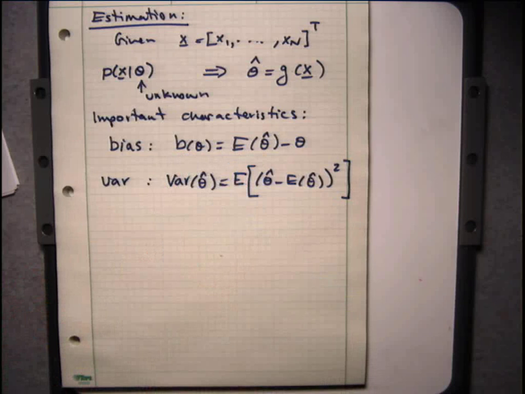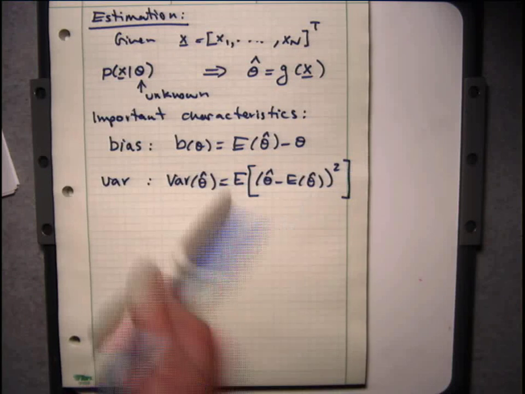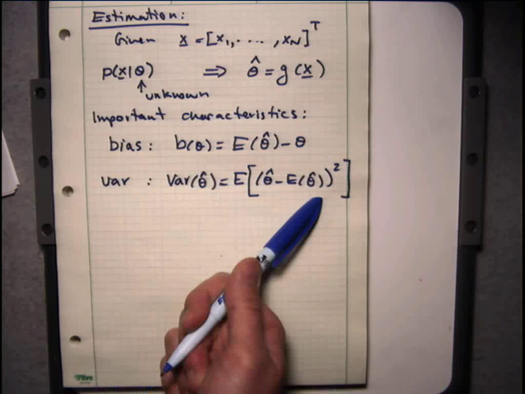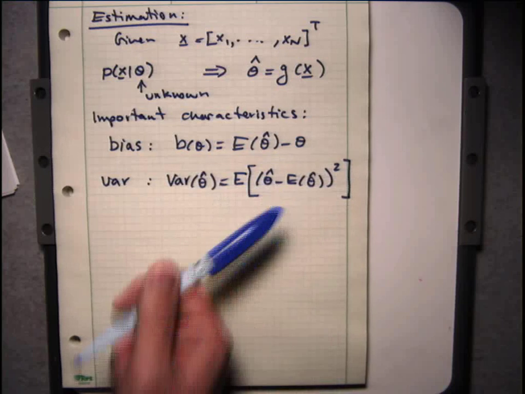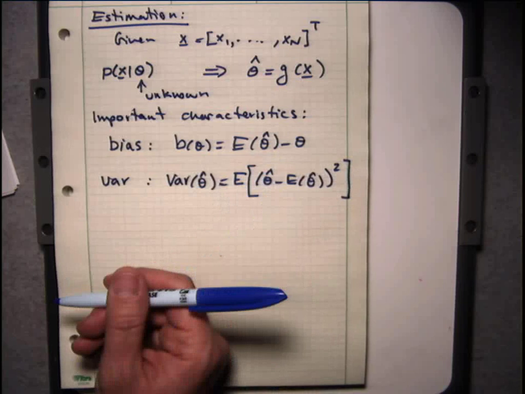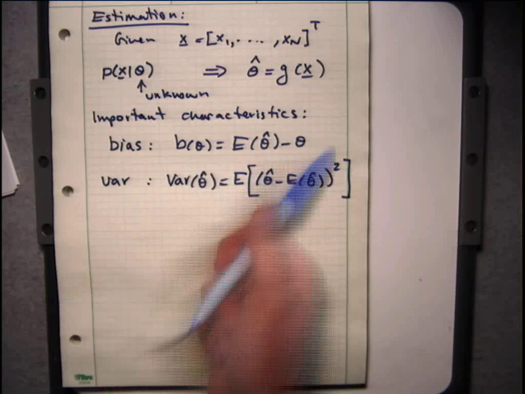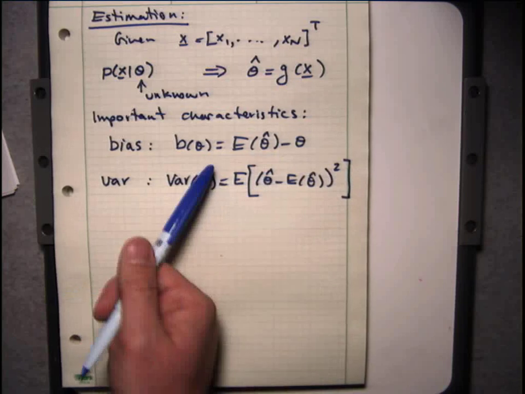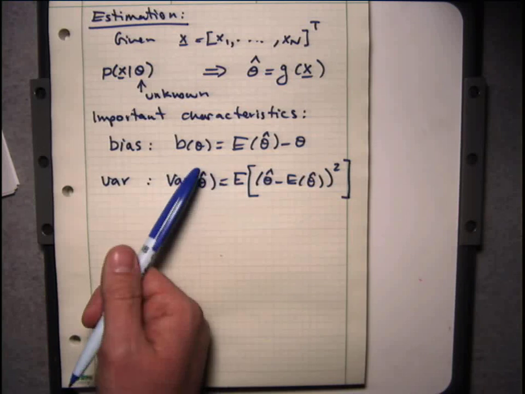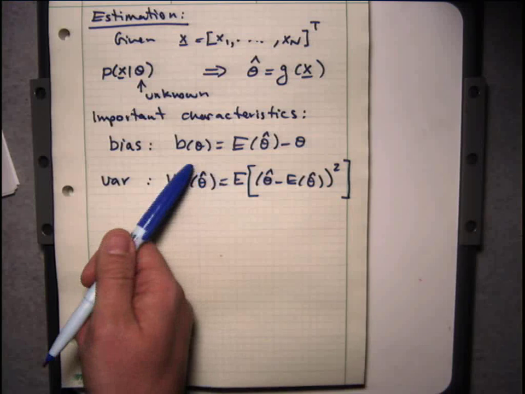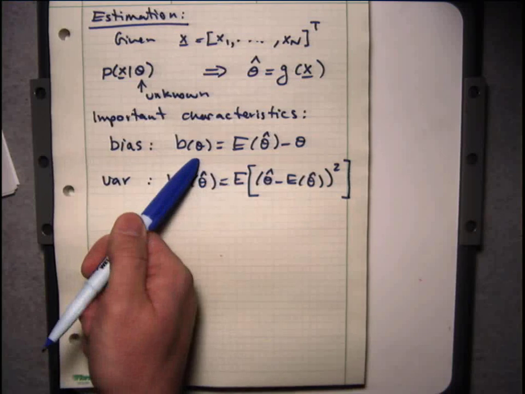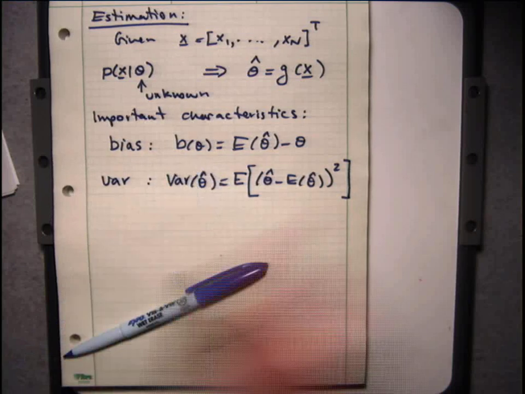The variance is typically a function that you can calculate from the data alone. The bias is a function that you cannot calculate generally from the data alone. It requires you to know the true value of theta. That's why I make a point of writing it as theta. Does that make sense?